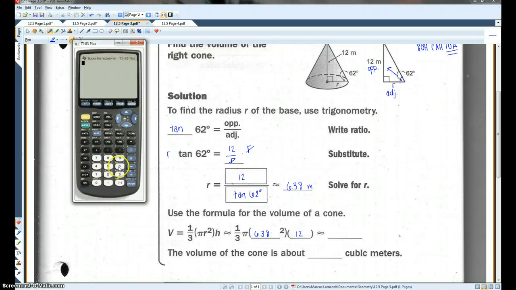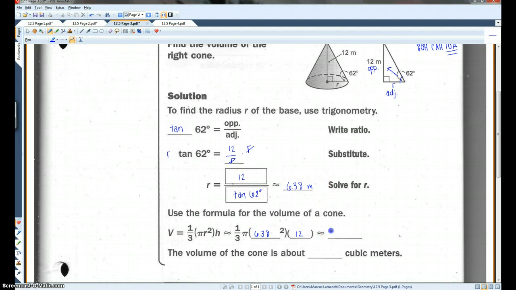We've got 6.38 squared times 12 divided by 3 times pi. 511.51 meters cubed. So the volume of the cone is about 511.51 cubic meters.